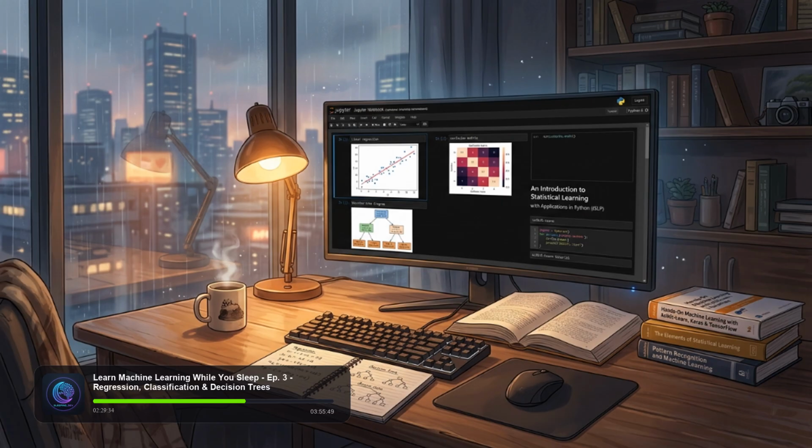Each bootstrap sample contains roughly 63.2% of the unique original training observations, while the remaining 36.8% of observations are left out completely. These omitted observations are designated as out-of-bag observations, or OOB data. In the bagging architecture, we generate B independent bootstrap samples from our original dataset.